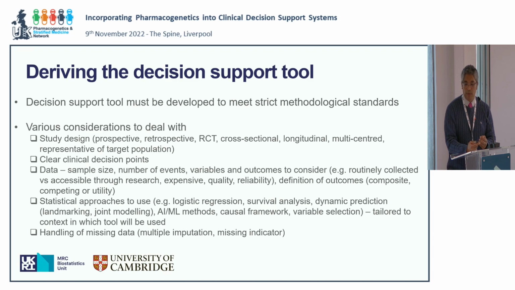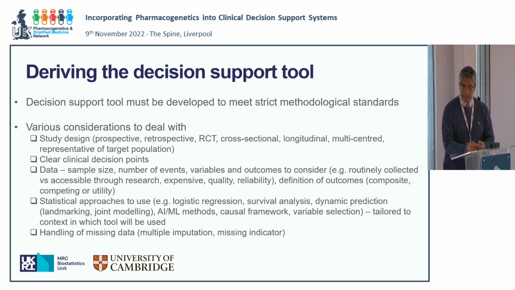We need to think about what are the variables and outcomes that we should be considering. For example, there's no point developing a model based on some really complicated set of variables which we don't use in clinical practice, and it's only available in research settings.